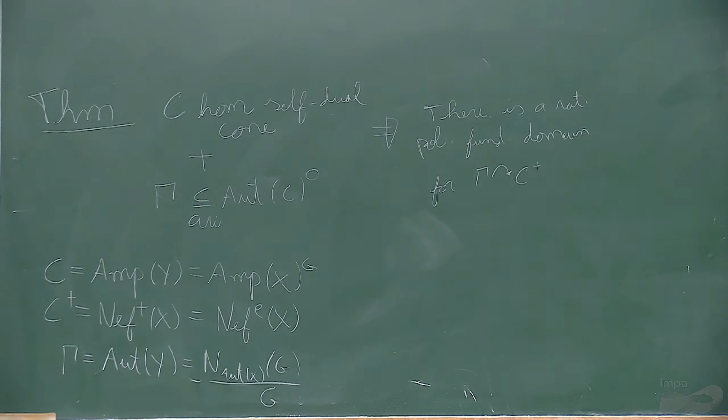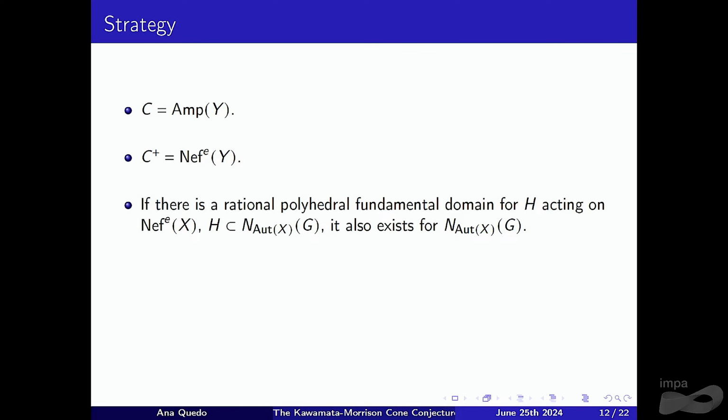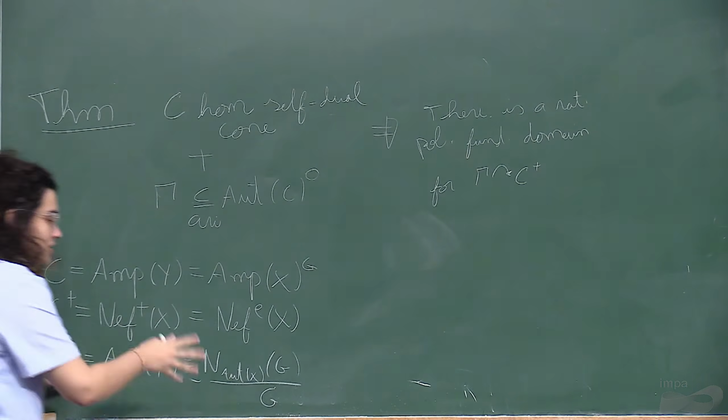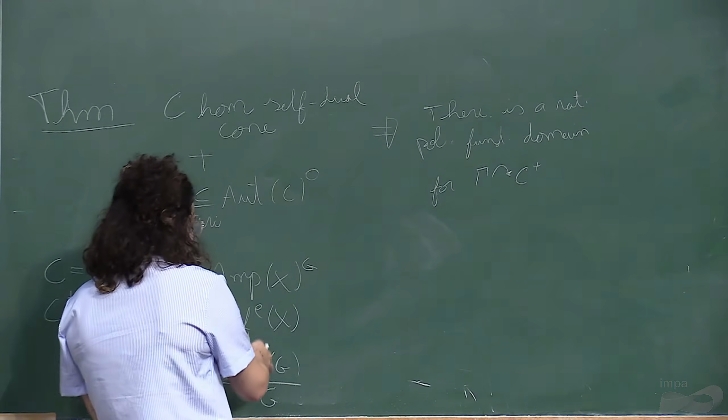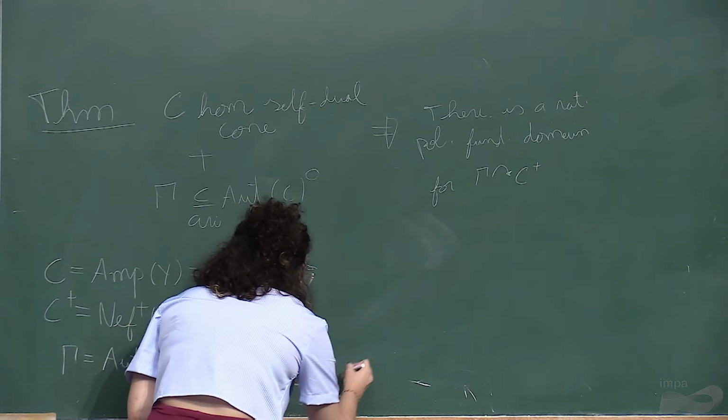But we can improve a little more. If we know that there is a rational polyhedral fundamental domain for a subgroup of the normalizer here, it will also exist for the normalizer. So here we can change our gamma. Instead of considering the normalizer, we can consider the centralizer.